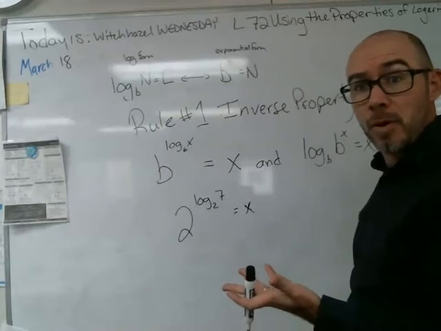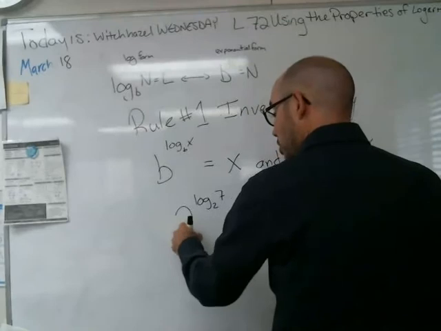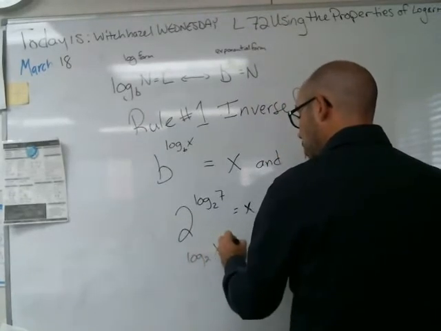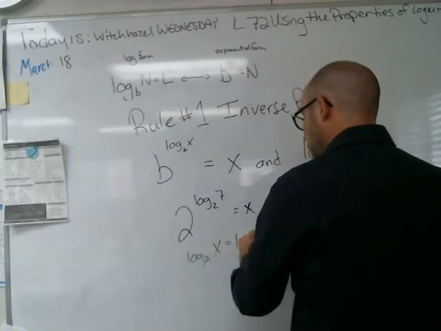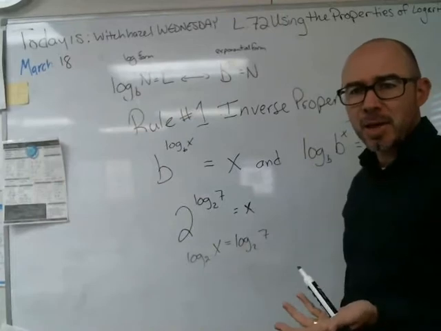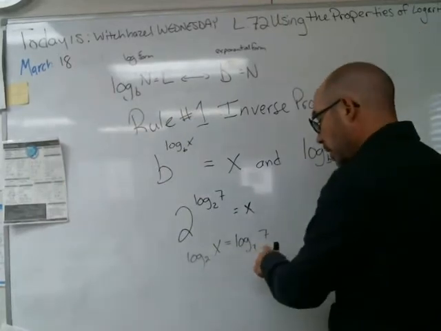If you change the form, folks, that's what would happen. You'd have log base 2 of x, that's the number, equals log base 2 of 7. So what's x have to equal? 7.